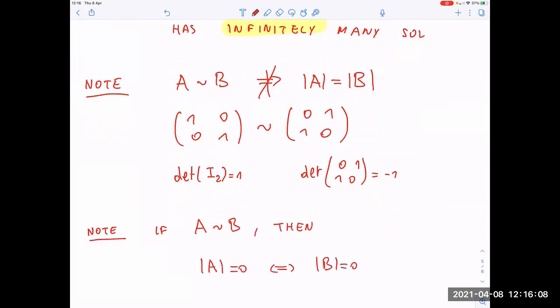So what is true is that row equivalent matrices are both invertible or both non-invertible, but the value of the determinant can be different. It's not the same number. Okay, good.